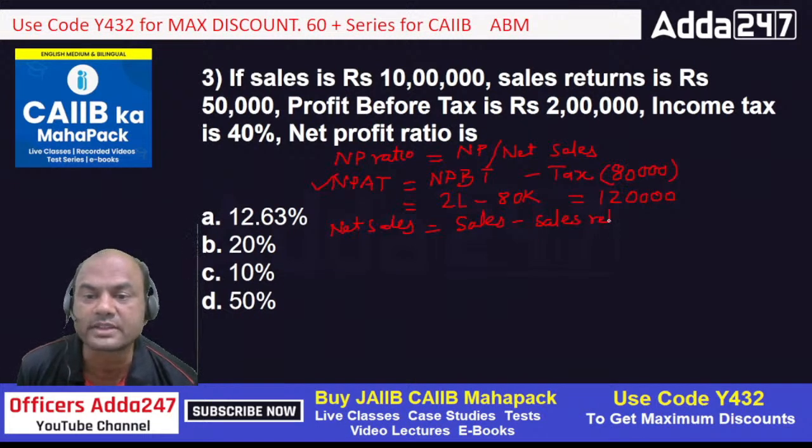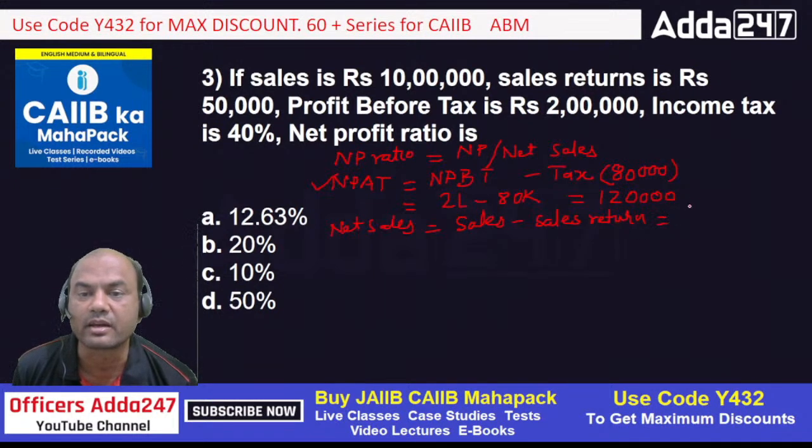So what is sales minus sales return? Sales is 10 lakh and return is 50,000. So net sales is 9,50,000, correct? So this is my net sales figure.